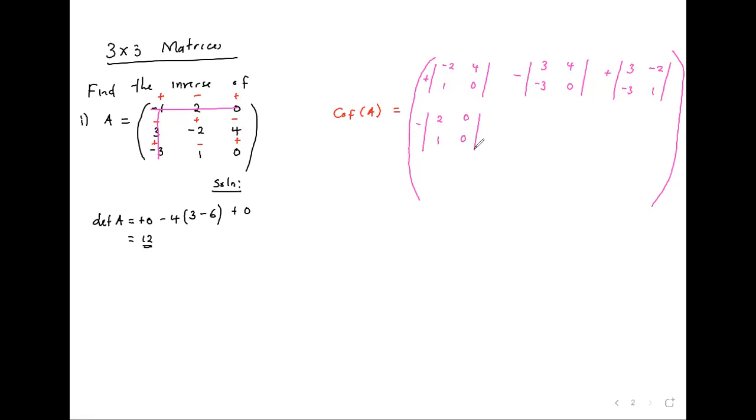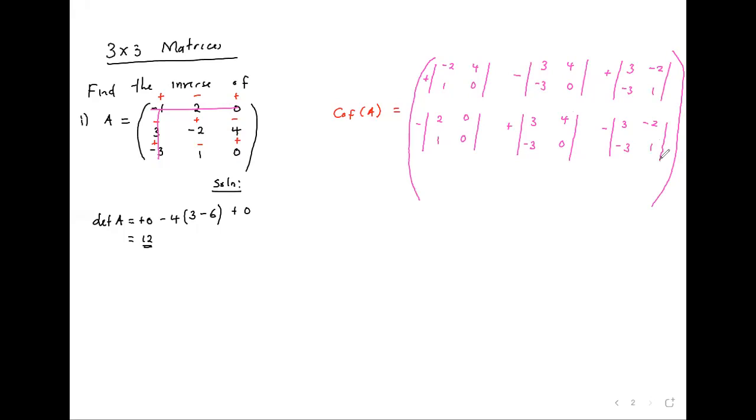And then plus, take away this guy and this guy, you remain with 3, 4, -3, 0. And then minus, take away this guy and this guy, you remain with 3, -2, and -3, 1.